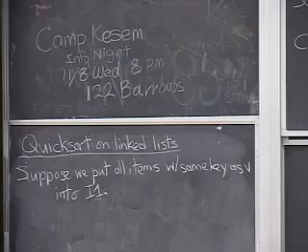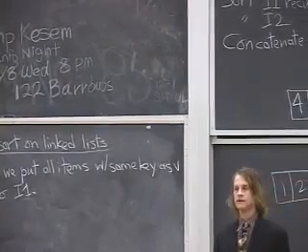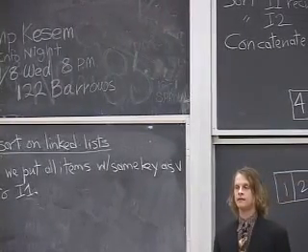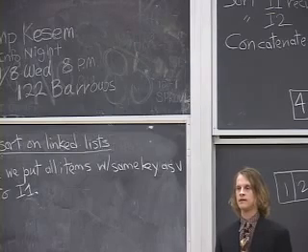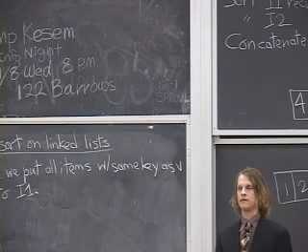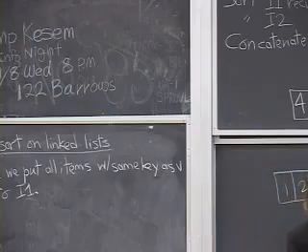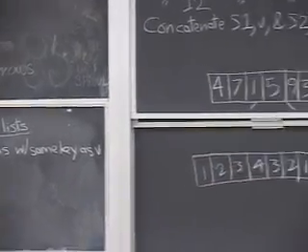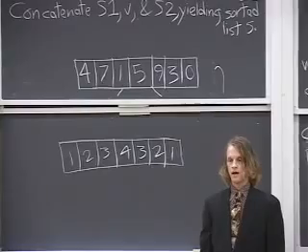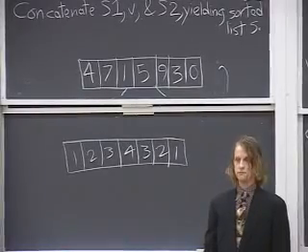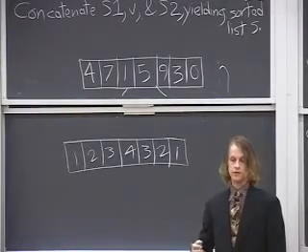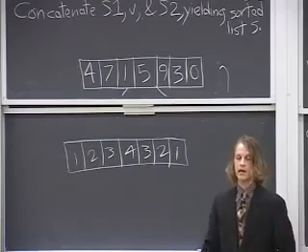It doesn't balance out the list well. Right, if there's a lot of items with the same key, this is going to suck. So anything less than or equal to the pivot would go into I1, is what this is saying.